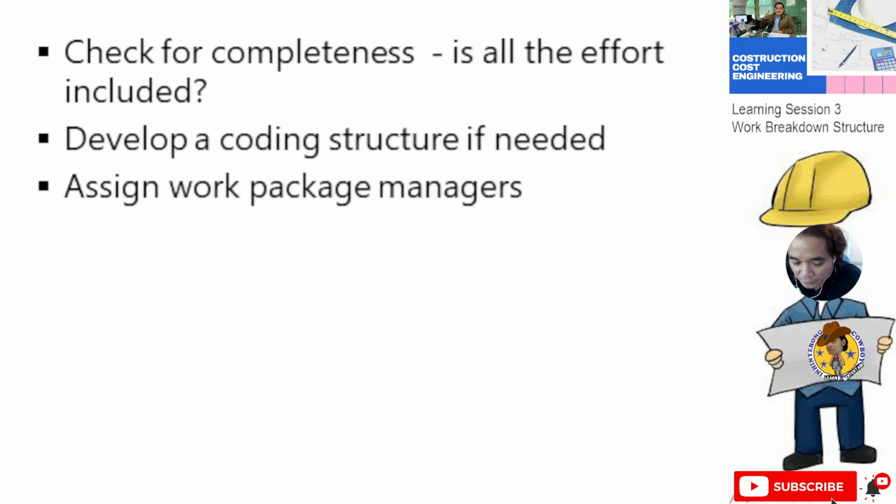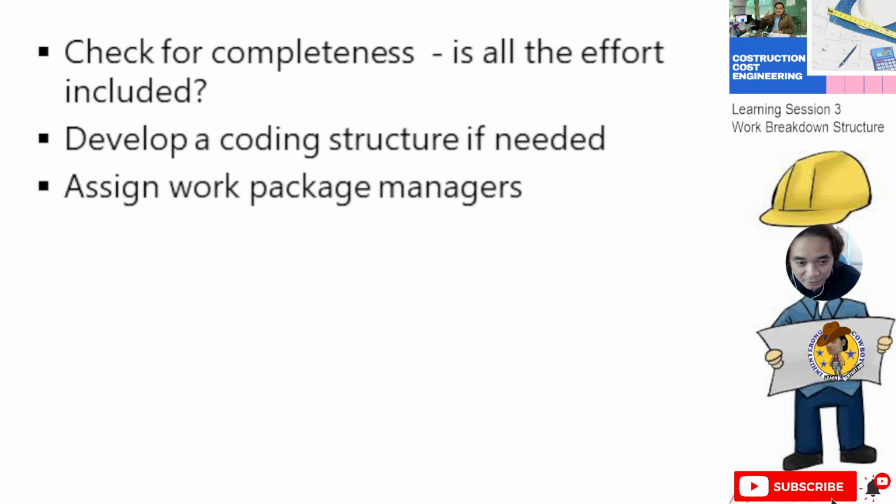Coding is the one used for documentation. That is for easily tracking your documents. Example, you have P-1, that's 2001, like that one. If you are estimating, you can use your own, or if your company has, let us say, a policy or standard of using that one, you can follow that one.